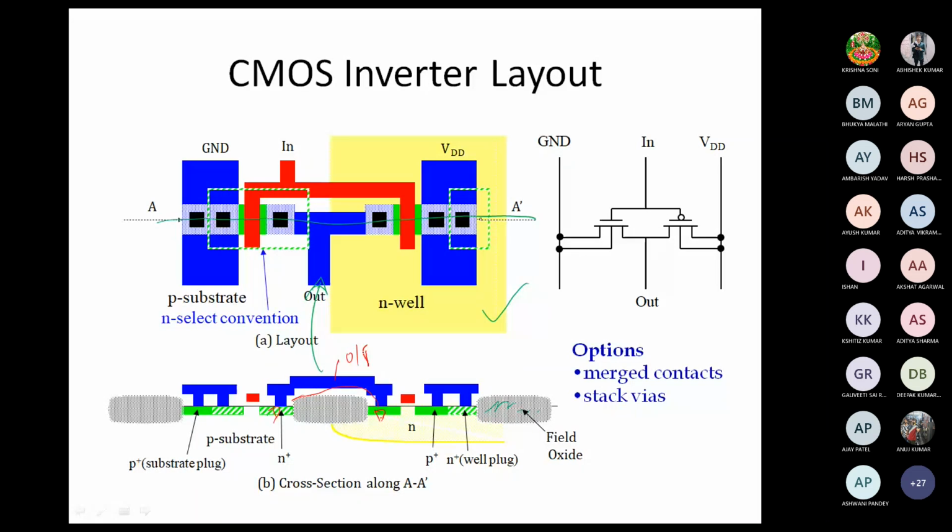The gate is here, this red color. This is gate, this is also gate, the transistor. Source and substrate are connected together to avoid the body bias effect. Similarly for the PMOS, the source and the N well are connected to the VDD, and these are connected to the ground. So this kind of cross-section view can be seen here.